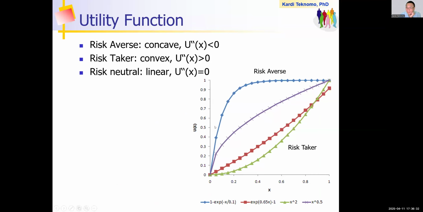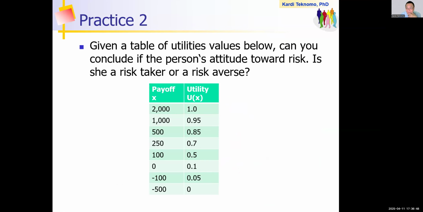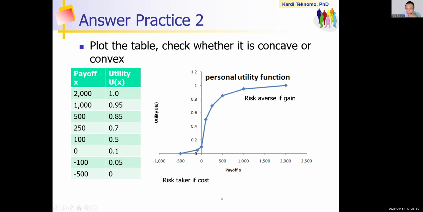Is it clear or not? Based on your own plot, you can interpret that plot. So this is an example of a risk taker when it is cost and risk averse when it is gain. The price a while ago is practically almost linear, so in that case, risk neutral.